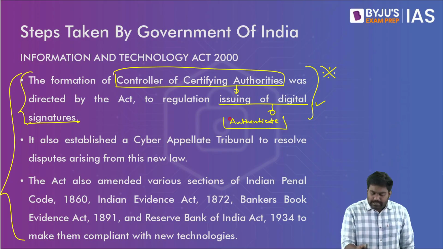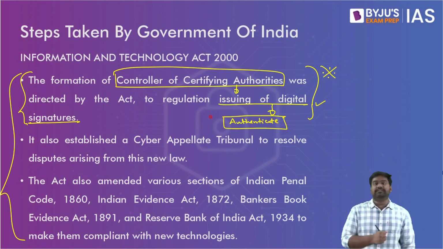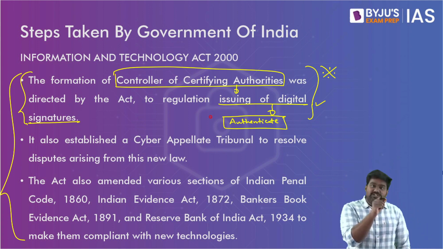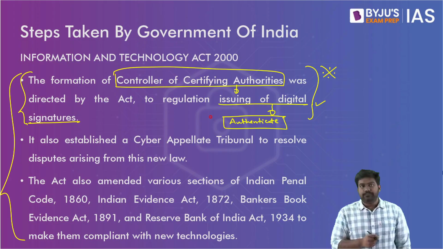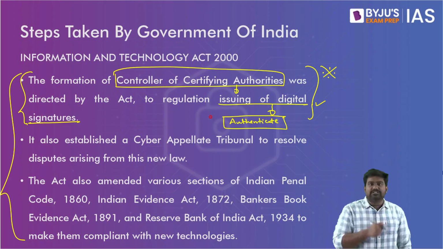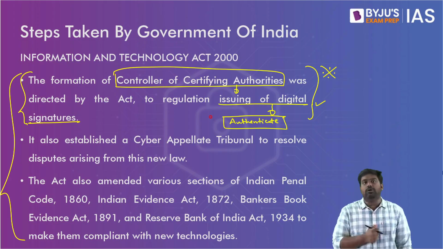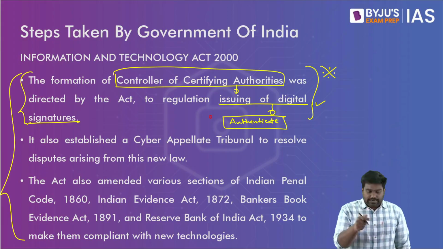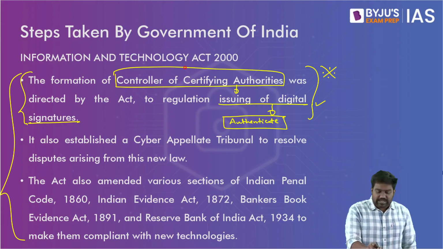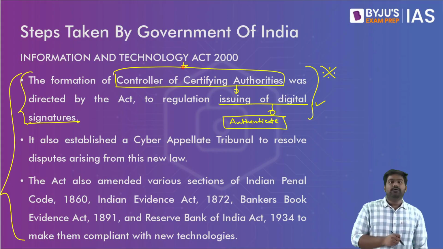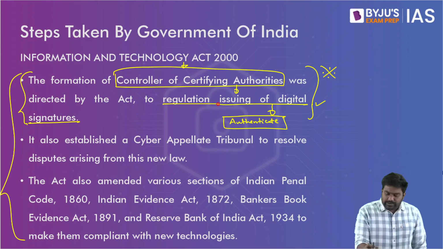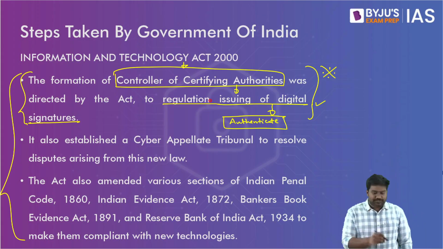If you look at your IT returns, for example, your Form 16 given by your employer, it will be digitally signed by the concerned authority. Now, who is giving these digital signatures? Who is verifying whether it is correct or not? Who is ensuring it is unique for every organization? It's the Controller of Certifying Authorities established by the IT Act. It issues digital signatures and regulates the whole sector.